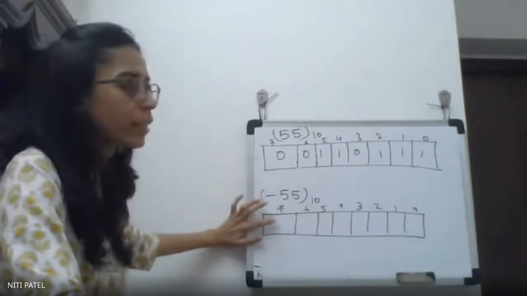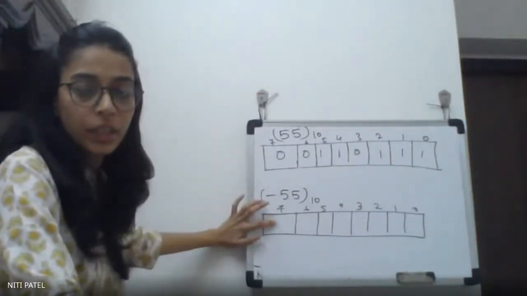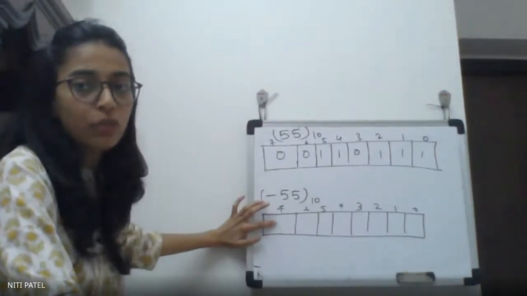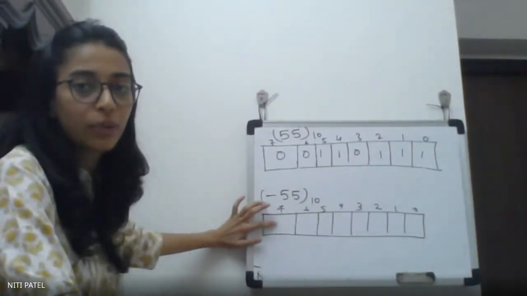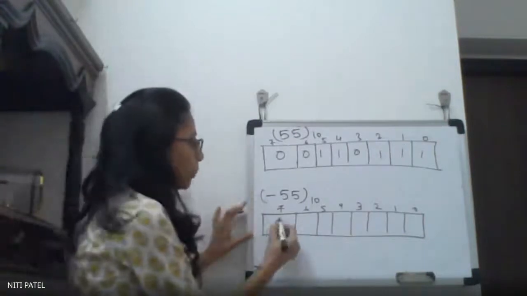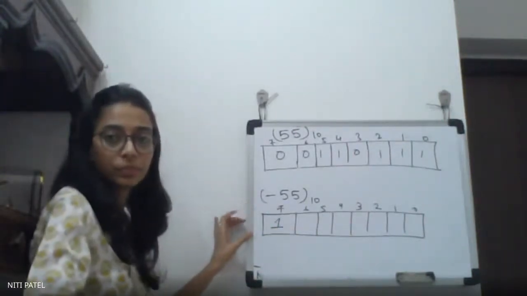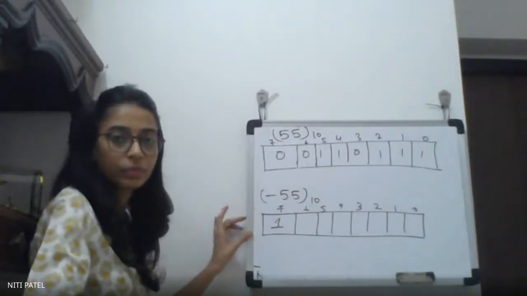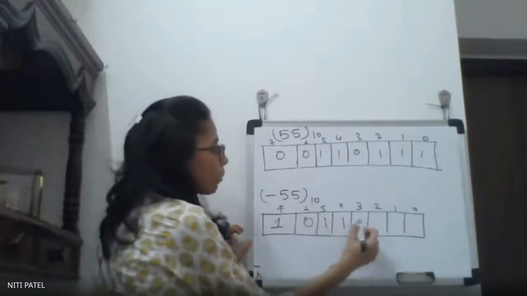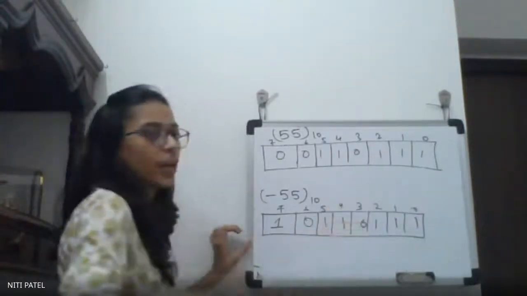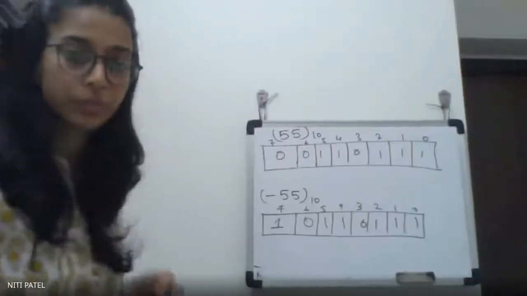Now what will be for minus 55? I just have to change the first bit. From 0 it will become 1. Yes or no? Rest, will it be the same or do I have to change anything in the rest of the bits? Same. Okay.